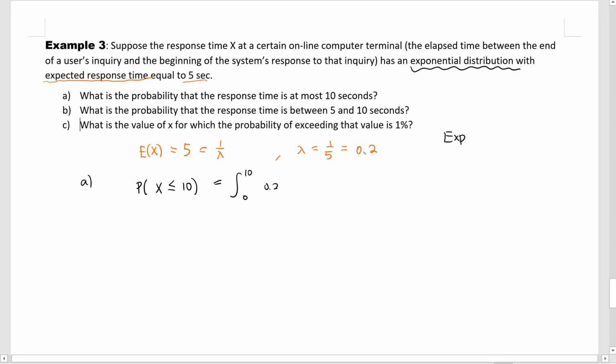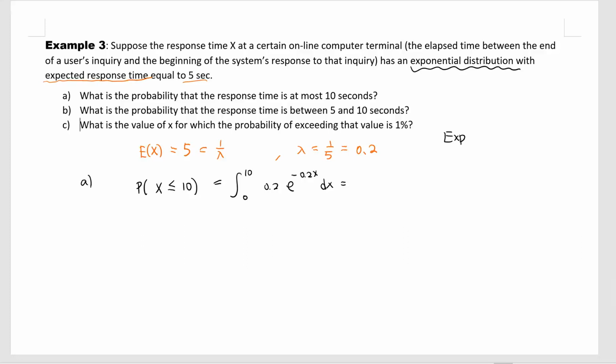Lambda is 0.2, so the integral of 0.2 e to the minus 0.2x dx. Okay, let's integrate that. We have 0.2 e to the minus 0.2x divided by negative 0.2. Well, 0.2 cancels. We plug in 0 to 10.